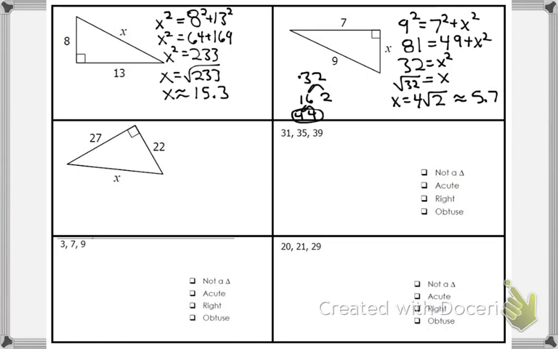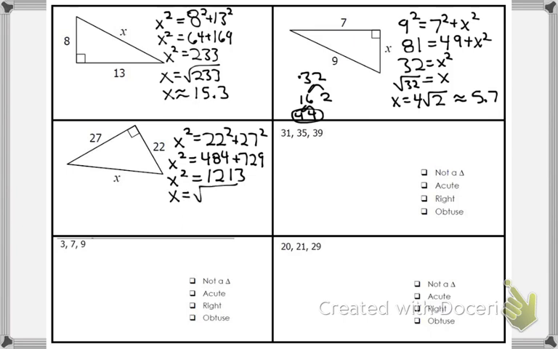Moving down, we have the hypotenuse is x, so x squared equals 22 squared plus 27 squared. So x squared equals 484 plus 729. So this gives us that x squared is 1,213.